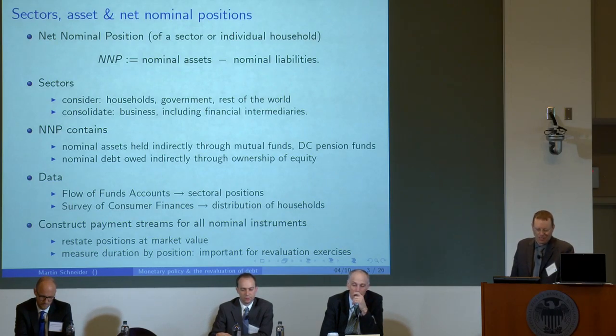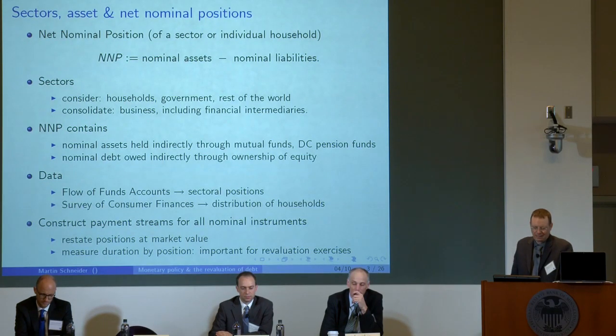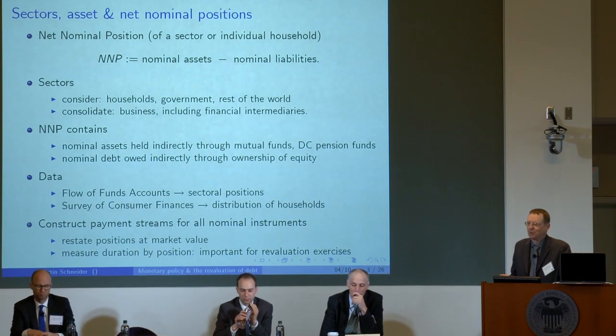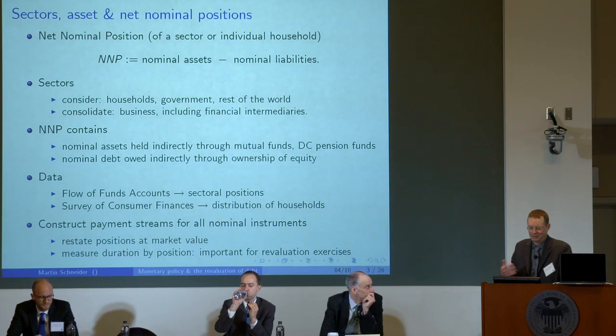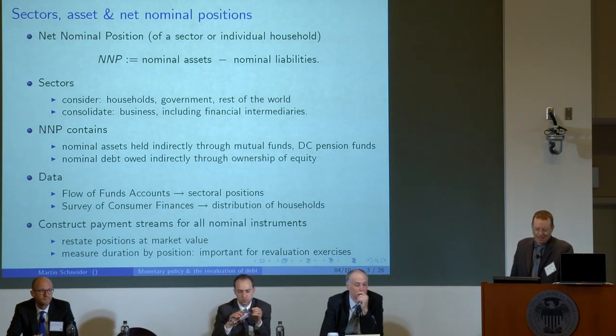So the net nominal position is going to contain not only nominal assets held directly, but also those held indirectly, for example, through mutual funds or through defined contribution pension funds that the households have control over. It also contains nominal debt that's owed indirectly through the ownership of equity.